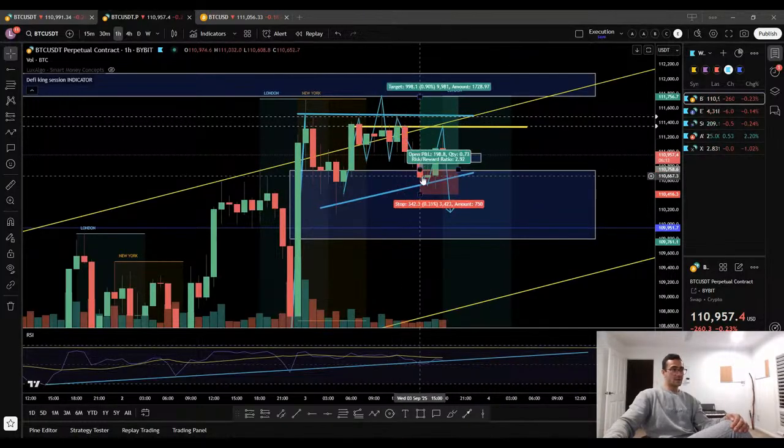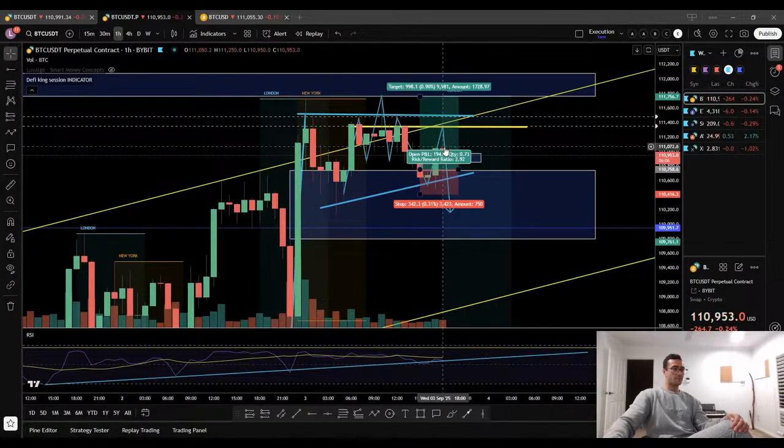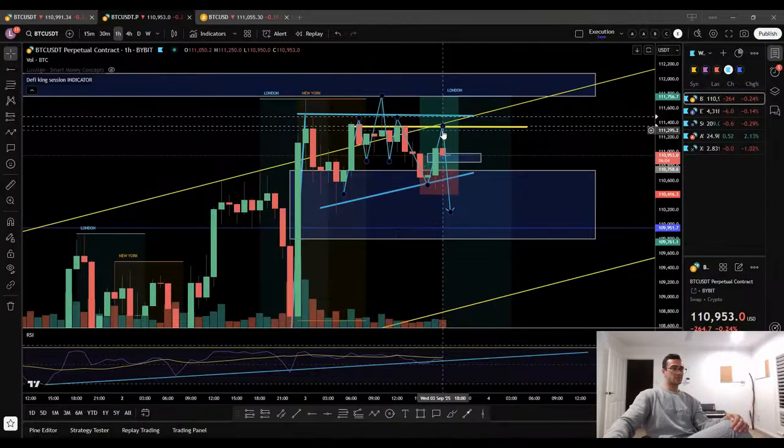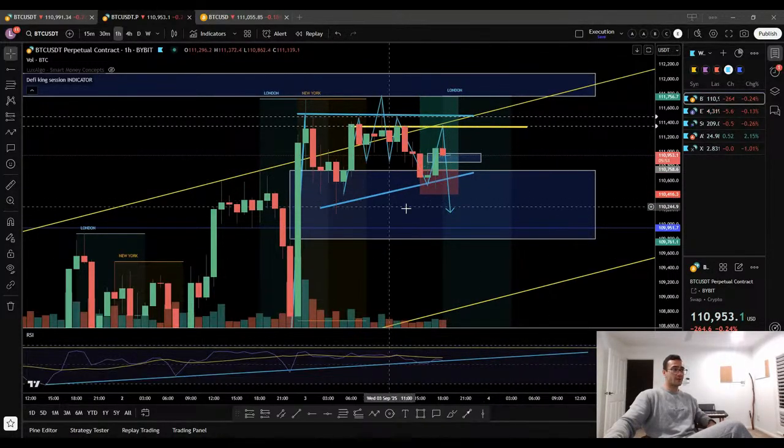If it comes down to here, see, this is the thing. It has hit this and it has bounced from it. Therefore, this could potentially hit the neckline, the fatty yellow, then it will drive down. Now, I don't know if it's going to drive all the way down or just drive into this imbalance, this fair value gap where there's a lot of imbalanced orders.